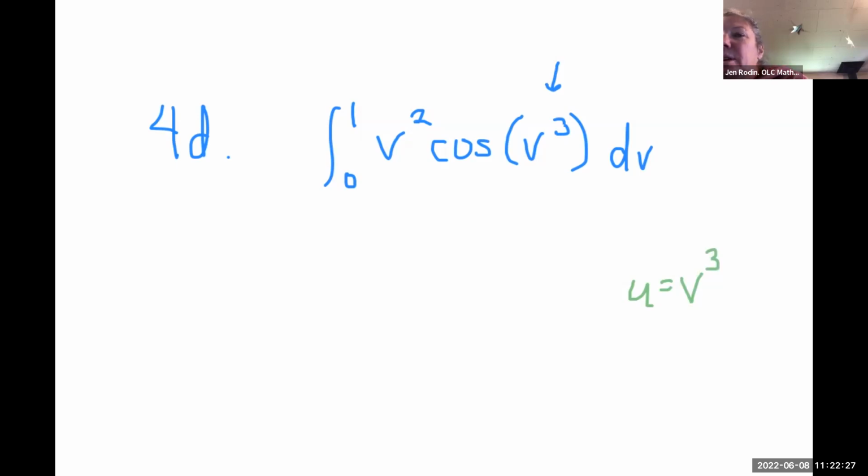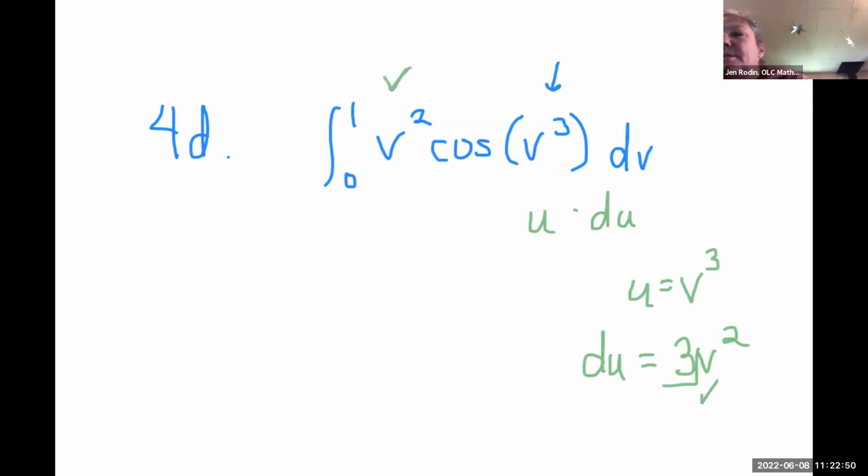See if it's going to work. Let's see, what's du equal? The derivative, du dv, is 3v squared. All right, so if I change this to u, du, I'd have this accounted for. There's the v squared.